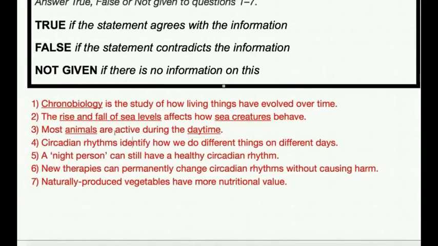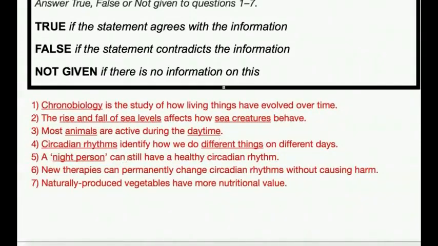Question 4, circadian rhythms identify how we do things on different days. So here you could look for circadian rhythms, maybe something about different things, different days. Statement 5, a night person. So when we try to find this one, we want to look for night person.